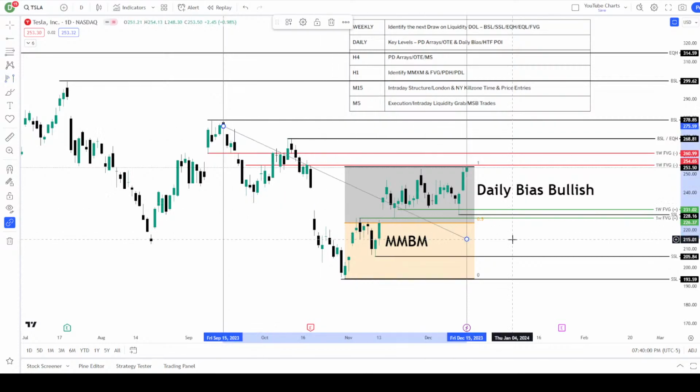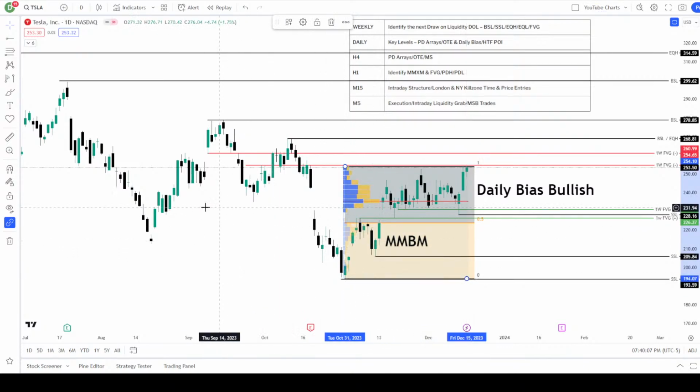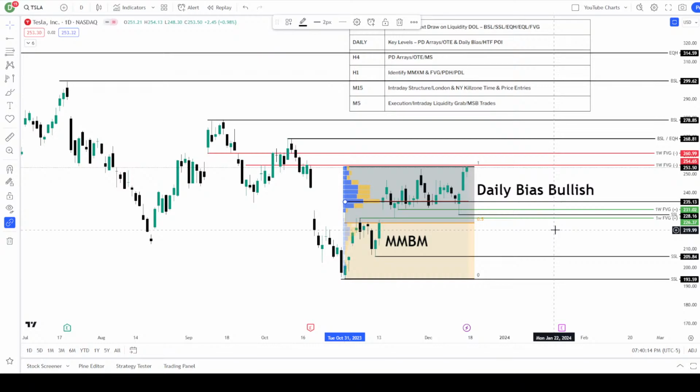So I'm going to start off with this swing here, which is the current swing we're in, and I'm going to look at volume node points of control for areas that we were at, and those could be areas that we come back down to or come up to if price is going to make a certain move.